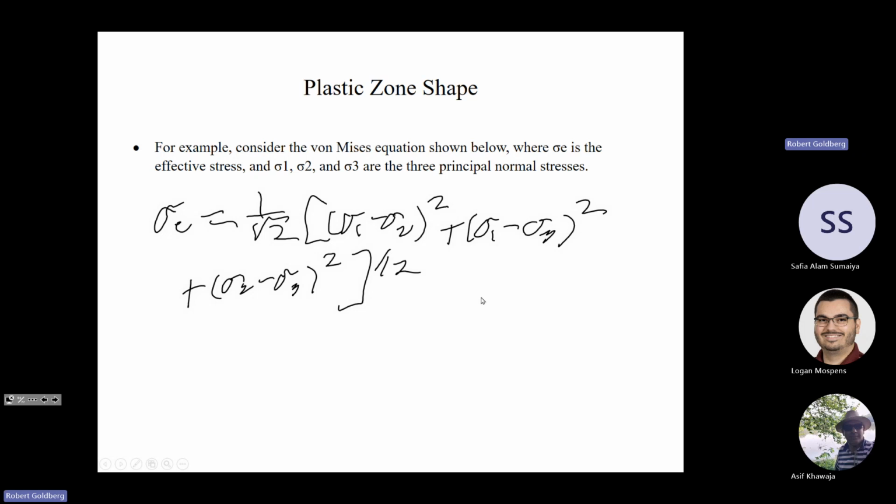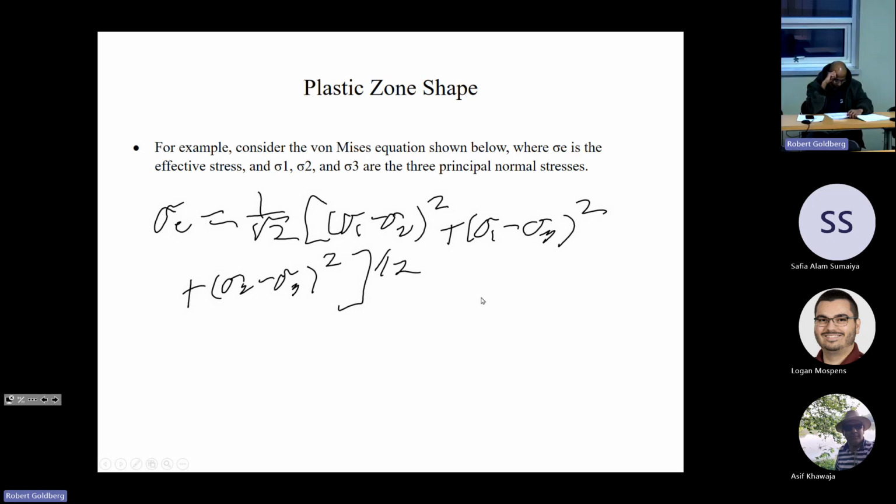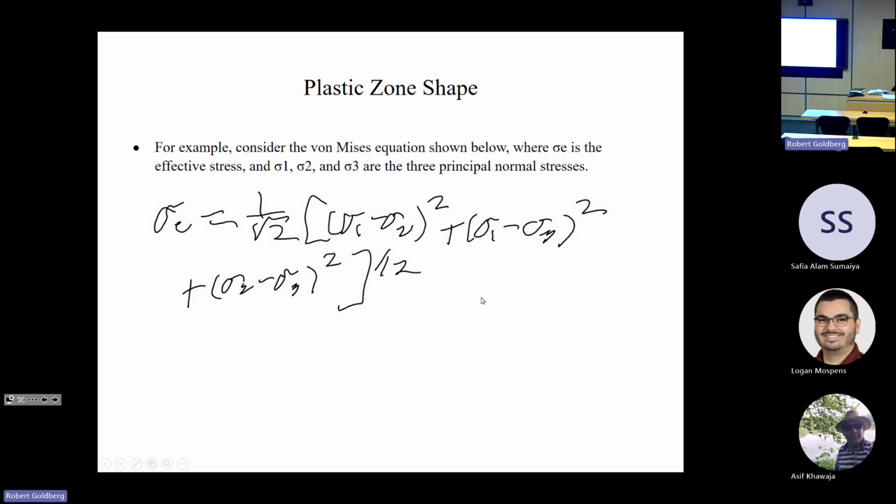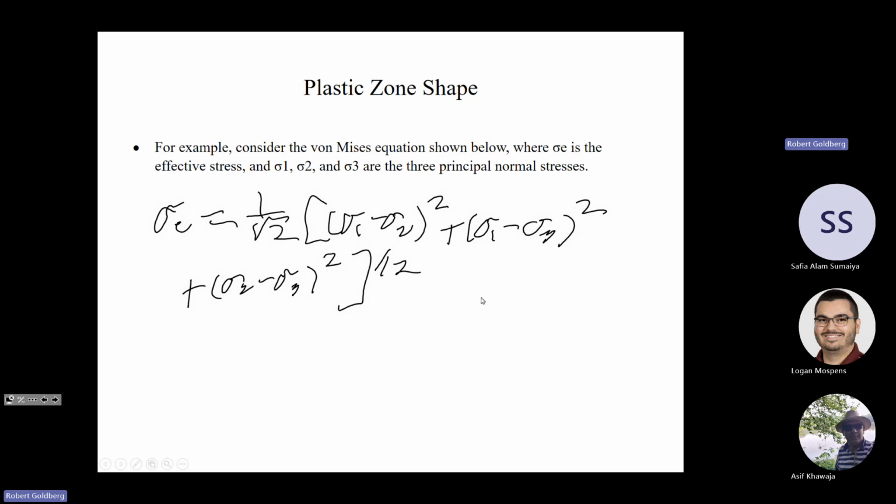If you take your multi-axial stress state and this function is greater than your uniaxial yield stress, you've yielded. If it's less than that, you haven't yielded.